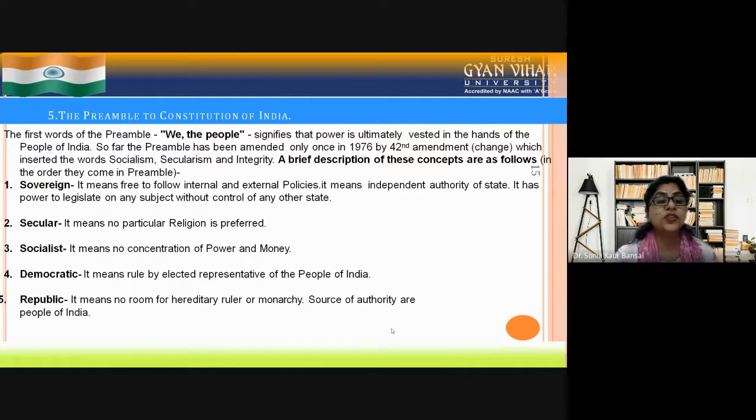Then socialist means no concentration of power and money. Then democratic means ruled by elected representatives of the people of India. Then republic means no room for heredity or monarchy. The source of authority is the people of India. So this is the description of the preamble's important words.